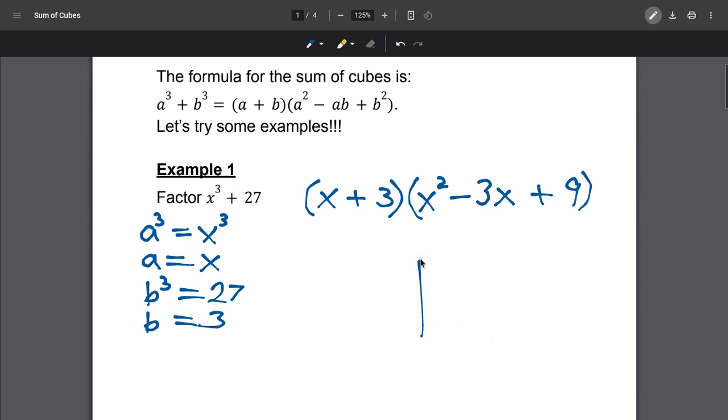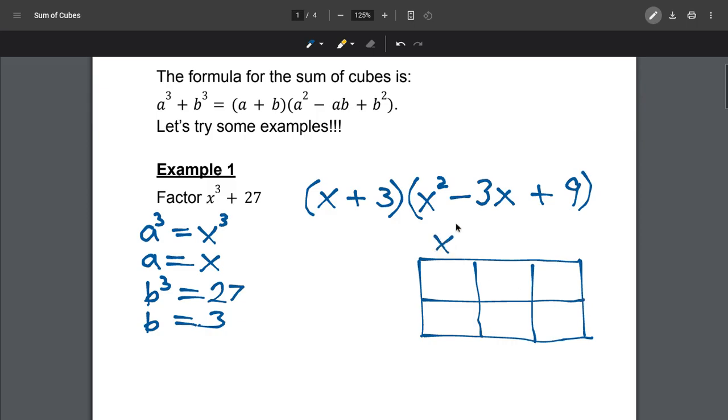And to check it, we could do a Punnett rectangle. And I'll show you why this works. So on the top here, I'll write x squared minus 3x plus 9 times x plus 3. So let's multiply this out. So x times x squared is x cubed.